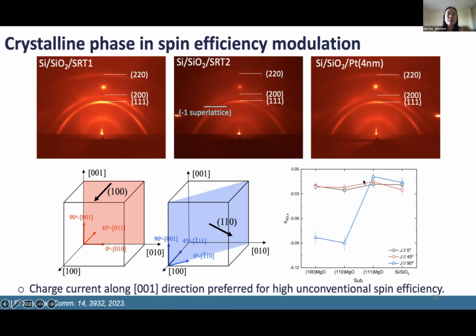But fortunately, in our system, even on an amorphous substrate or a non-preferred crystalline substrate, it is still able to generate about 0.02 unconventional spin Hall efficiency, which is enough for field-free switching.